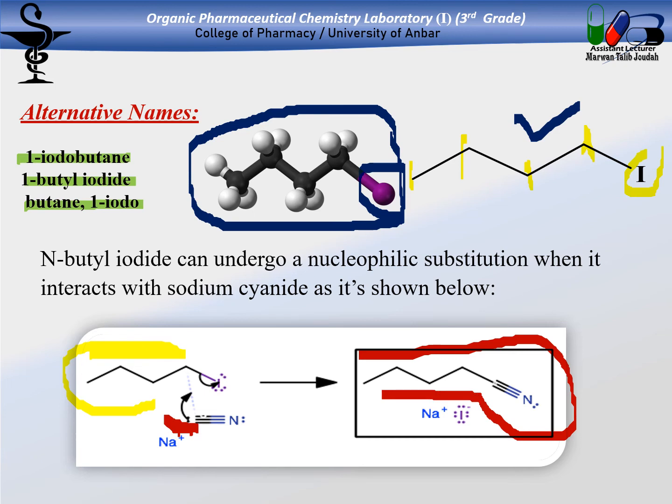And the iodine that resulted from this substitution reaction will attach or bind to the sodium to form sodium iodide, which is a salt. So this is the result, the major product and the byproducts of the interaction between the sodium cyanide and n-Butyl iodide. Okay, this is really important. You've got to understand how the mechanism takes place.